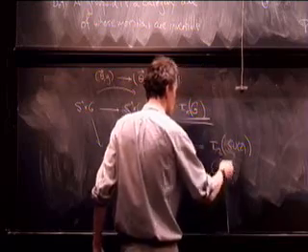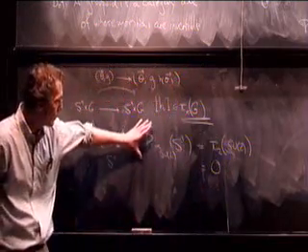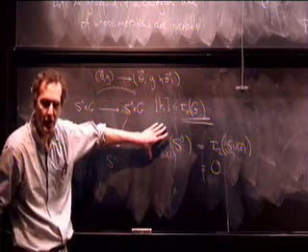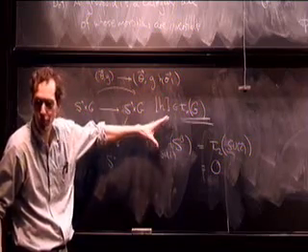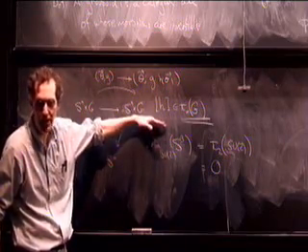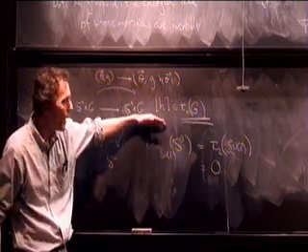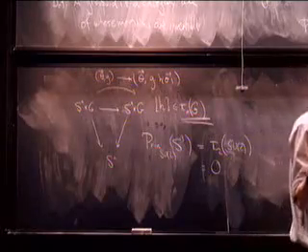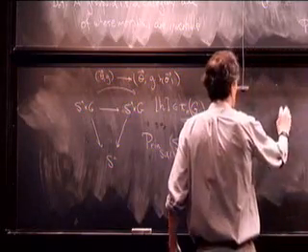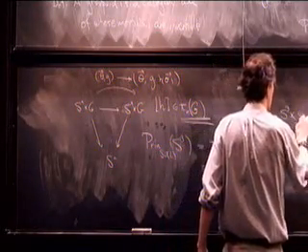SU2 is the 3-sphere, so that's 0. So there are no non-trivial principal SU2 bundles on S3, right? We've proven that today. But that means that if you have any principal SU2 bundle on S3, it's equivalent to S3 times SU2.